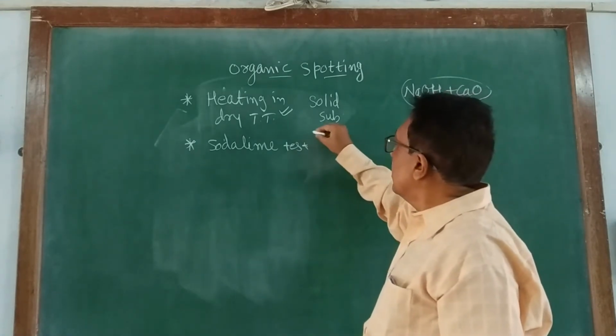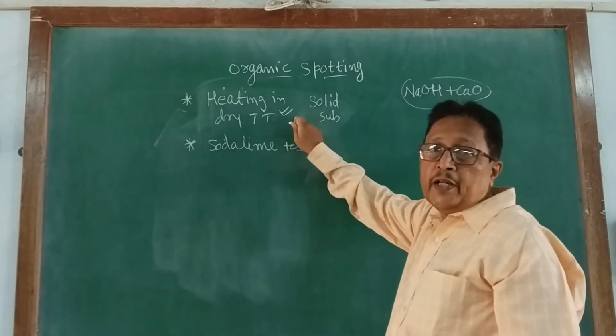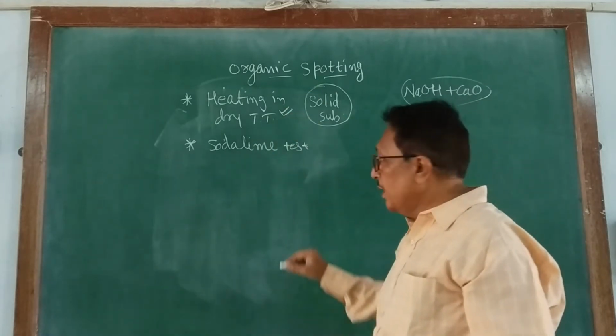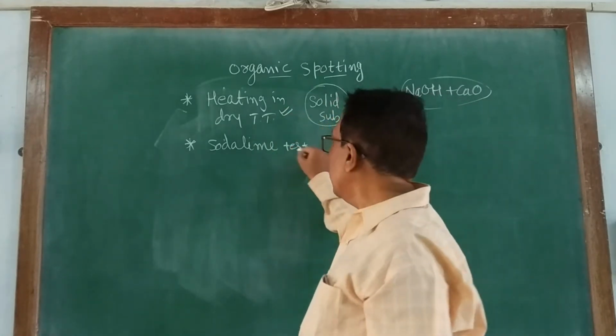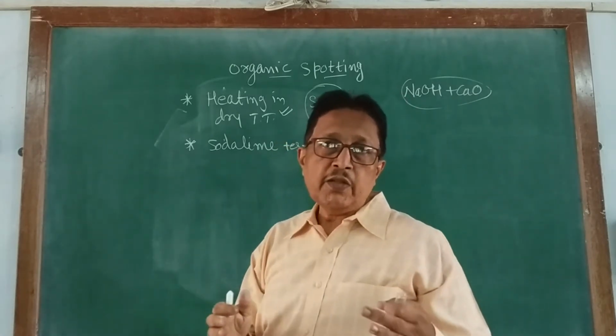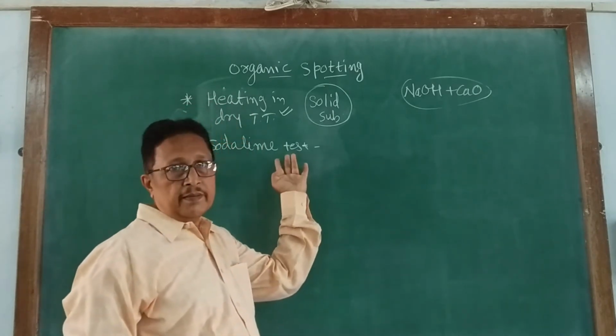Here, as with the test of heating in a dry test tube, the precaution you are taking is that it is only for solid substance. Here one more precaution is there: it is for smell-less substances. The substances which do not have any particular smell, you have to perform this test.